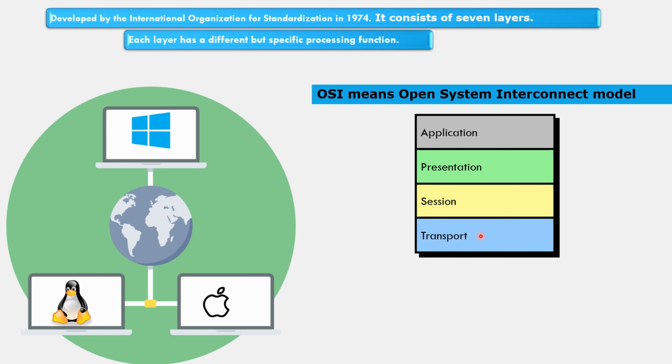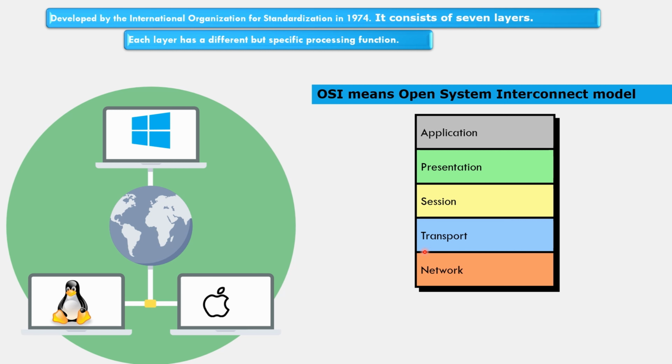Transport layer is called the heart of the OSI layers because this is the important layer that transmits the data from one device to another device. Network layer is transmitting data to the network device.